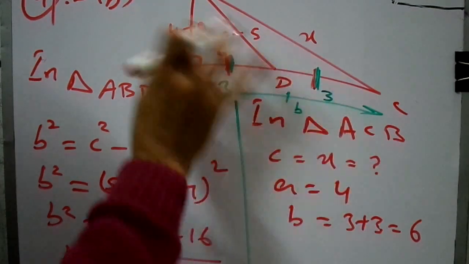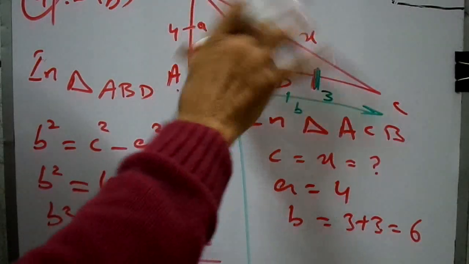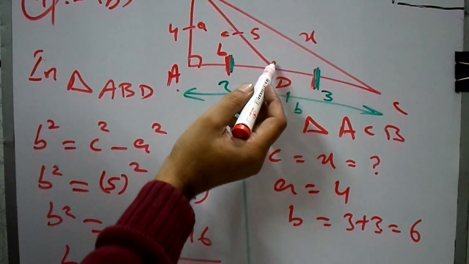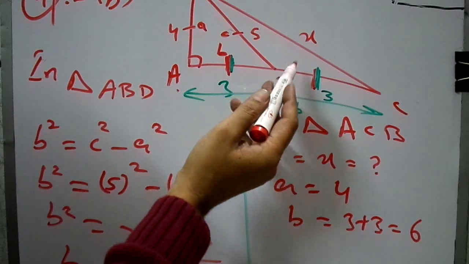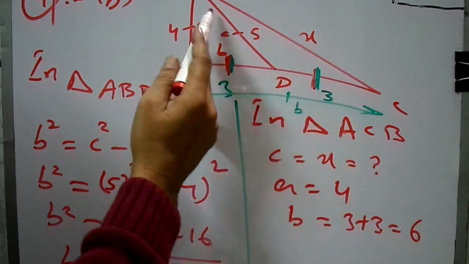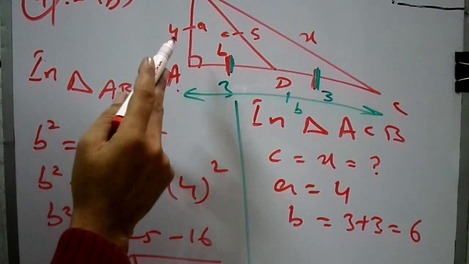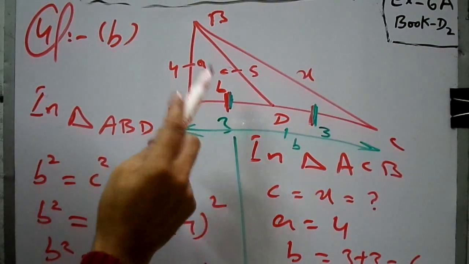You have taken the full triangle ACB; you cannot take the smaller triangle because it does not have a 90 degree angle, so the Pythagoras theorem cannot be applied. The Pythagoras theorem can be applied only if a 90 degree angle exists in that triangle.